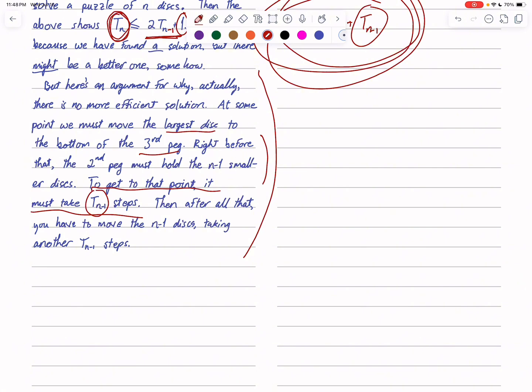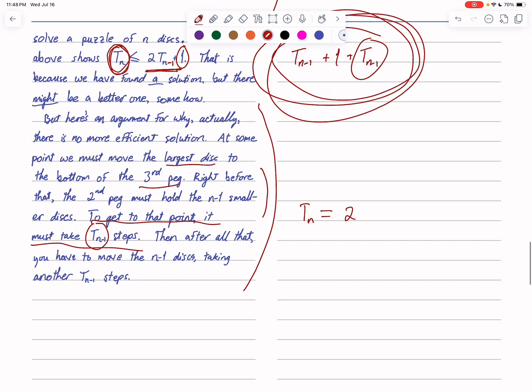And that gets us the equation that Tn, the minimal way to solve the n-disk problem, is precisely equal to, no longer less than or equal to, but now actually equal to 2Tn-1 plus 1. So, okay, great. We have this recurrence relation, or this recurrence equation, as it is sometimes called.